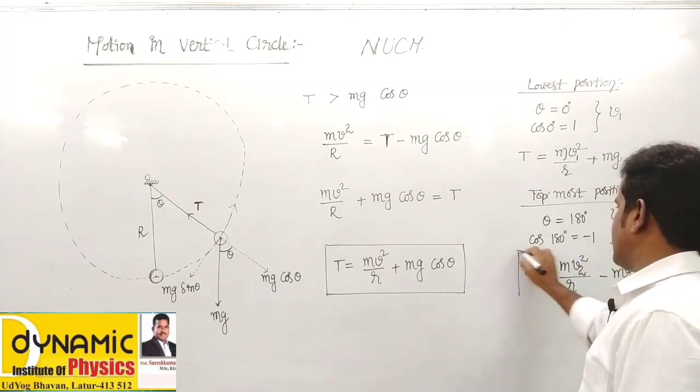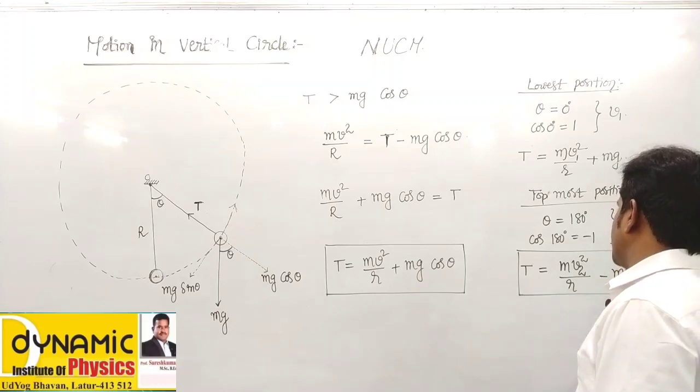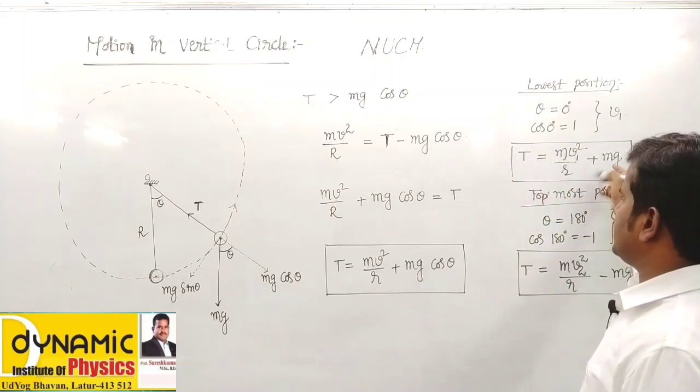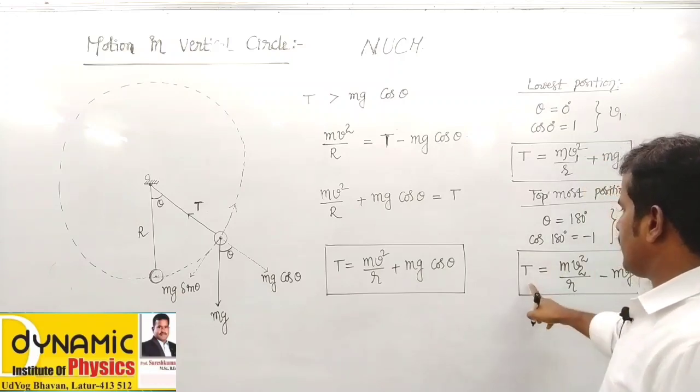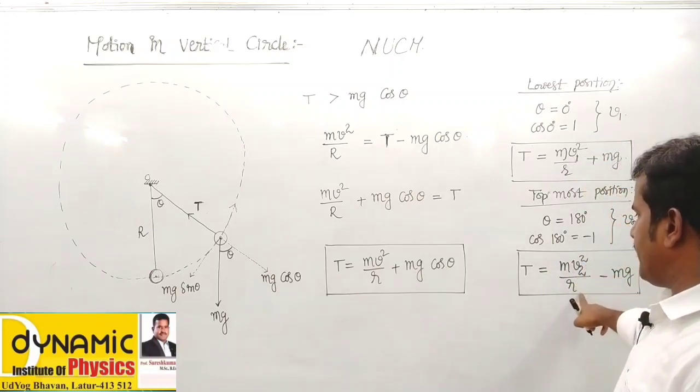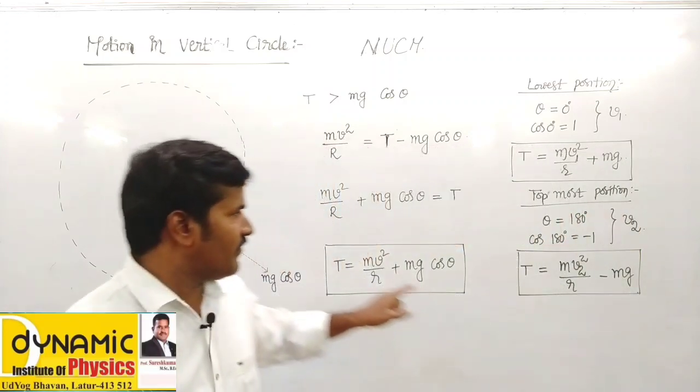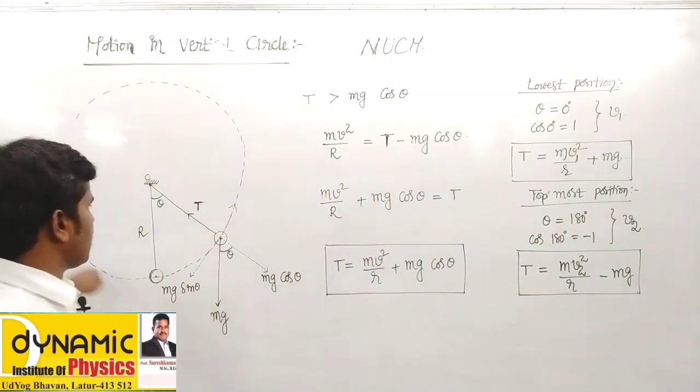At the lowest position, the tension is mv1 square by r plus mg; at the topmost position, mv2 square by r minus mg. This is the tension at different positions in the vertical circle.